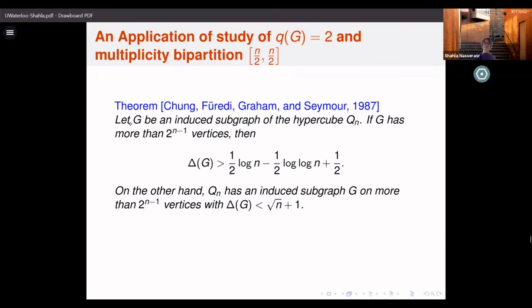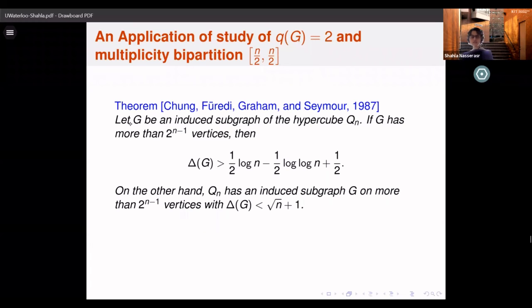Now I'm going to briefly mention sensitivity and show you how hypercubes are used in the sensitivity. So in 1987, Chung, Füredi, Graham, and Seymour proved that if you have an induced subgraph of a hypercube Qn that has more than half the vertices, then the maximum degree of that induced subgraph is bounded below by this logarithmic function.